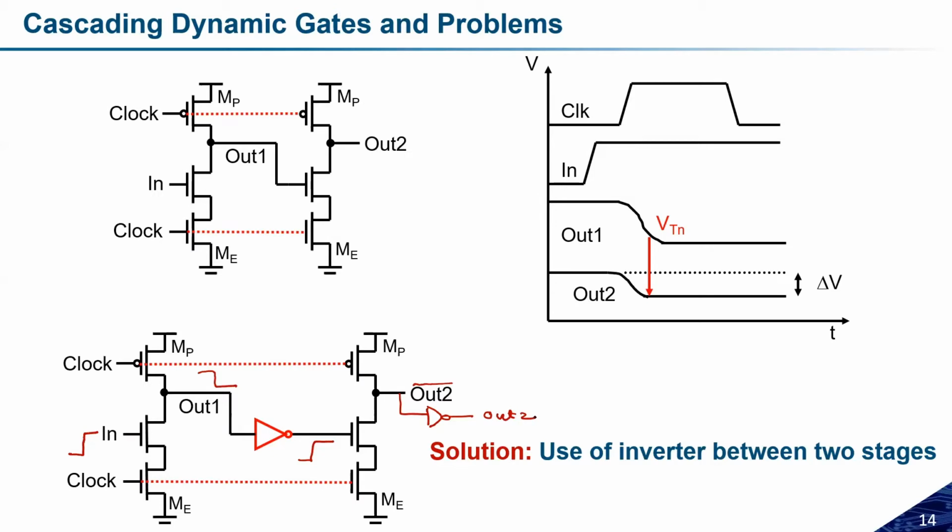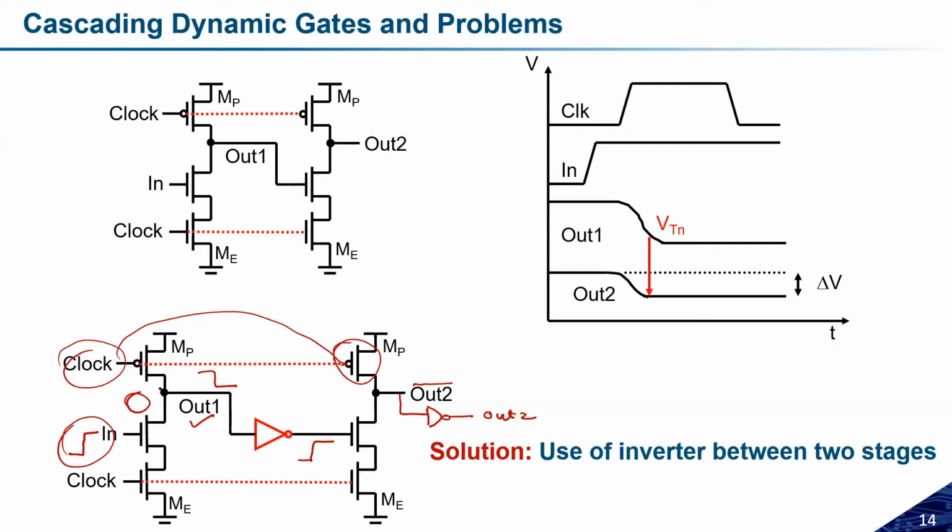Oh yes, sir. Sir, by adding the NOT gate, will the delay decrease? No, the delay will not decrease. Because the clock was connected at the same time for both the dynamic logics, and the input was already in the changing state, changing from low to high, the output will start changing immediately once the first logic goes into the evaluation phase.